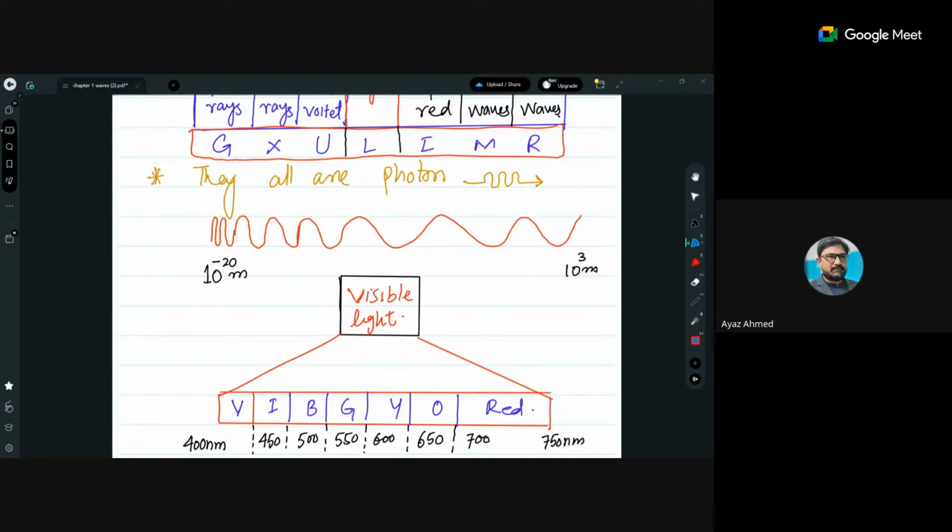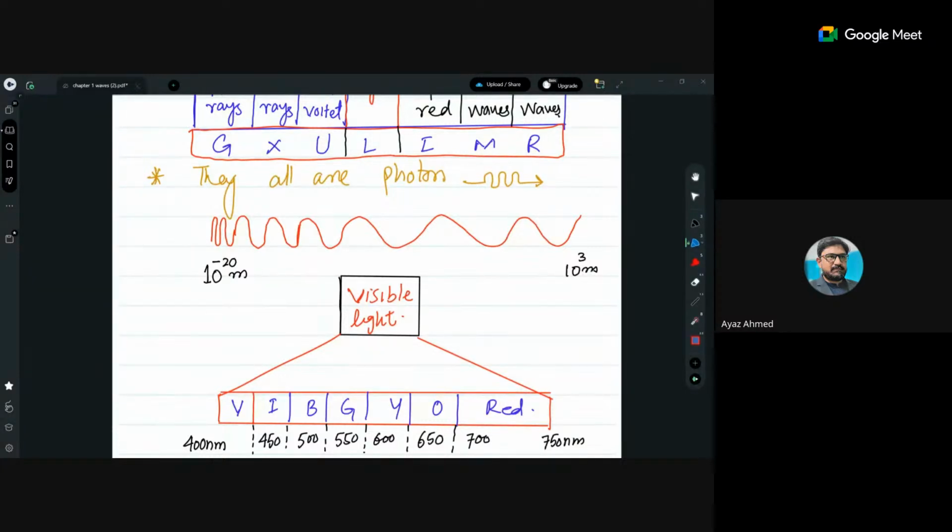Gamma rays have the highest frequency and the shortest wavelength, which is 10^-20 meter, a very, very short wavelength. The wavelength of radio waves is almost 10^3 meters, which is 1 kilometer. So in this way, we have an estimation of how much frequency the waves have.